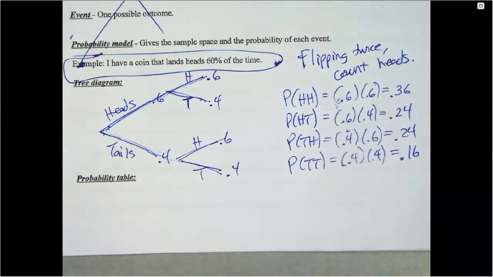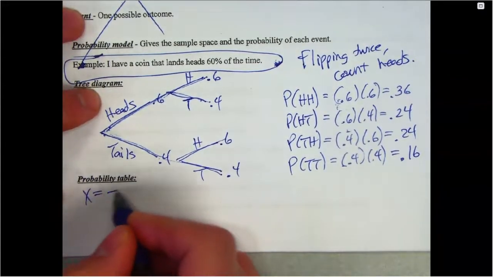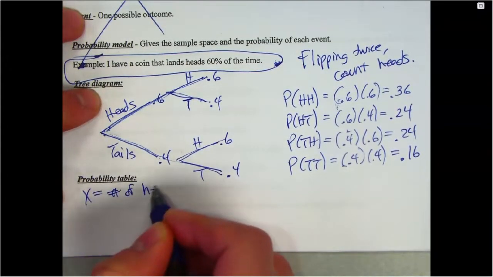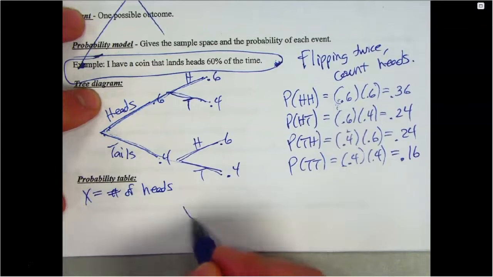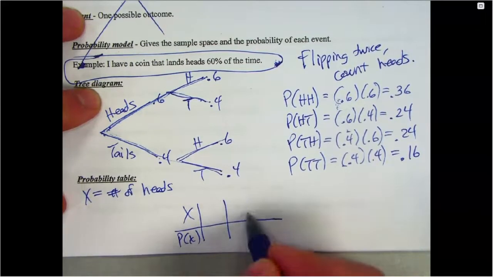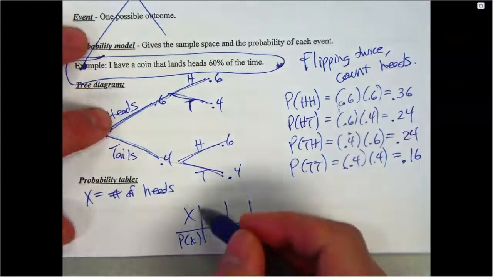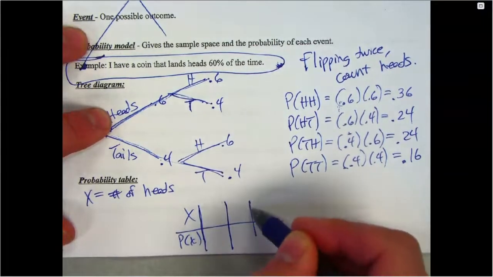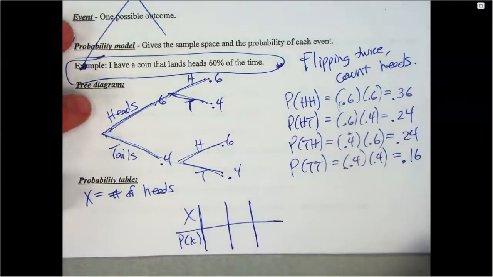Then a probability table would say X equals the number of heads, and P of X. So what are the possibilities for the number of heads? I flip 2 coins. How many heads could I get?